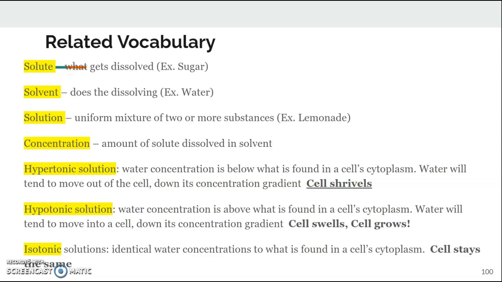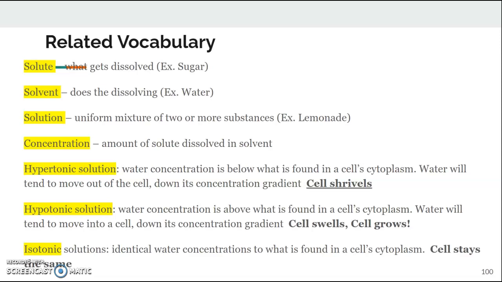Some related vocabulary that you guys will find in this module. Solute is the thing that gets dissolved. So think of making lemonade. A solute would be the sugar or the lemonade powder. Solvent would be the thing that's doing the dissolving, the water. Solution is the uniform mixture of the two or more substances. So the actual lemonade that you made is a solution.